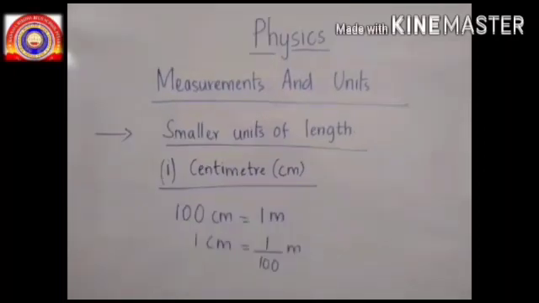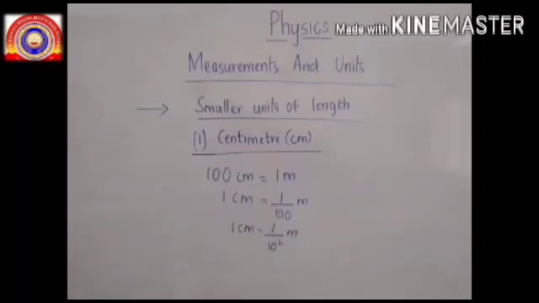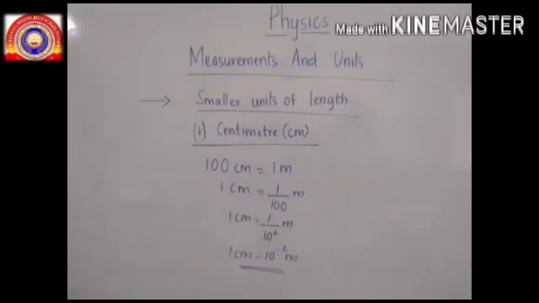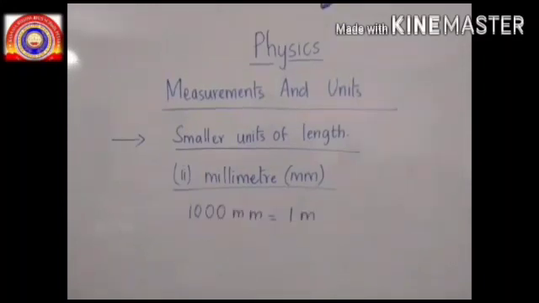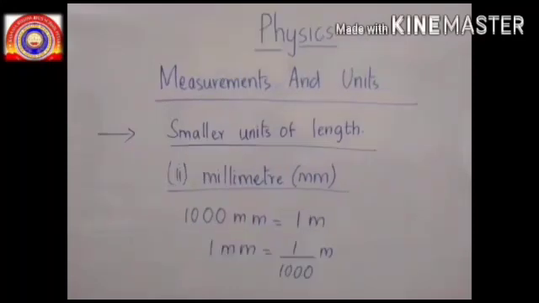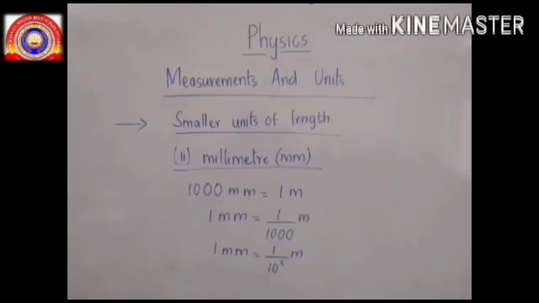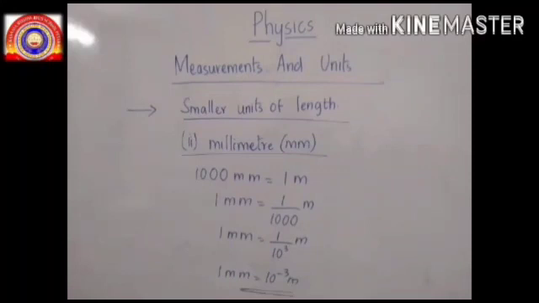So 1 centimeter equal to 1 by 100 meter, equal to 1 by 10 raised to 2 meter. 1 centimeter equal to 10 raised to minus 2 meter. Next one is millimeter. We know 1000 millimeter equal to 1 meter. 1 millimeter equal to 1 by 1000 meter, equal to 1 by 10 raised to 3 meter. 1 millimeter equal to 10 raised to minus 3 meter.